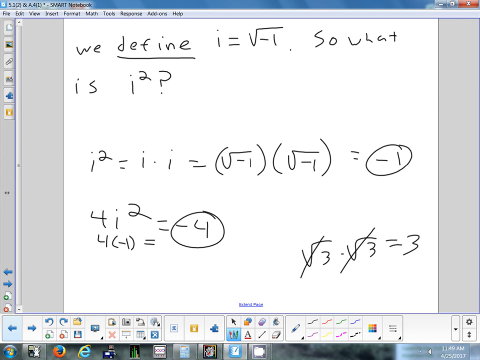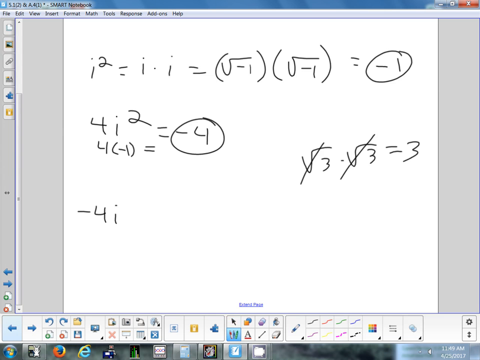Okay, so any questions on that? Yeah. If we had a negative 4i squared, would it be a positive 4? So if you had, yep. So negative 4i squared means negative 4 times negative 1, because i squared is negative 1. It's a positive 4. Yep. Okay, so we'll see a lot more with i squared when we multiply tomorrow.